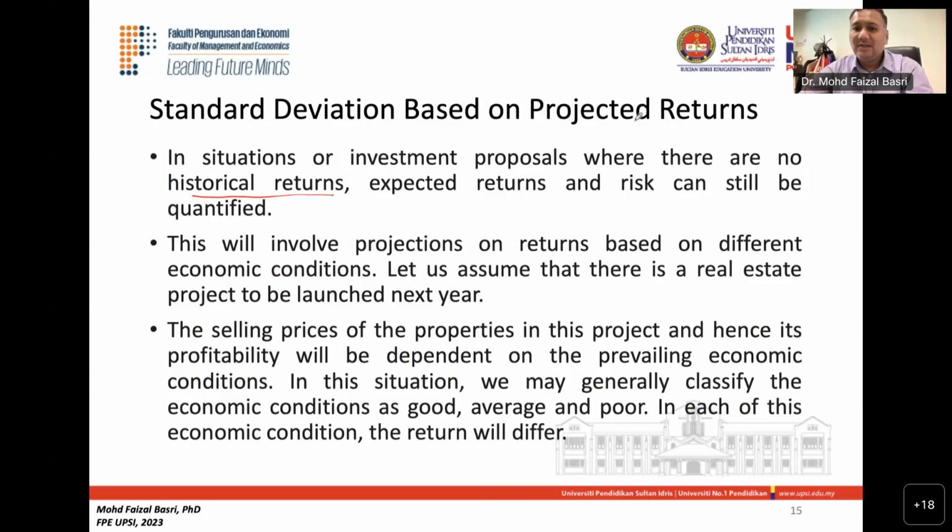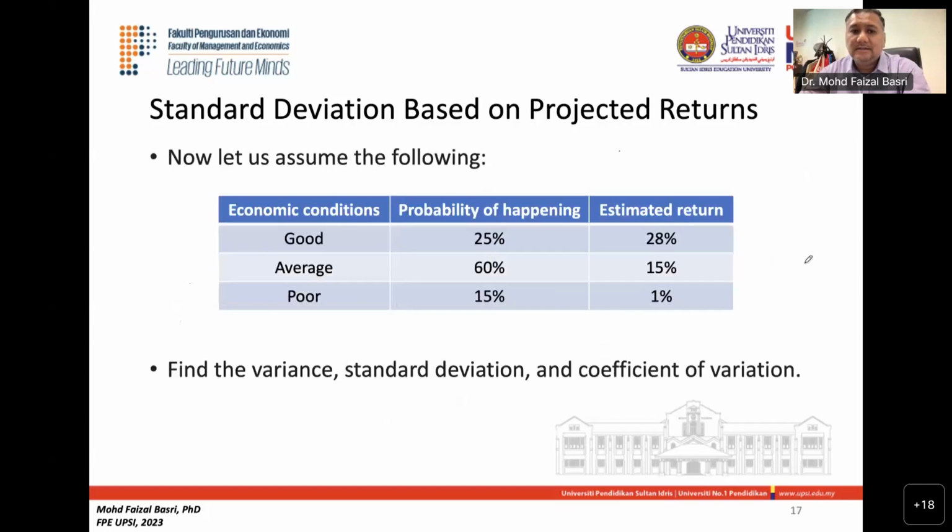We can still measure based on some assumptions. We have to assume, right? So the assumption must be based on several conditions. So usually what we do, we will assume based on economic conditions, estimates based on our assumption.